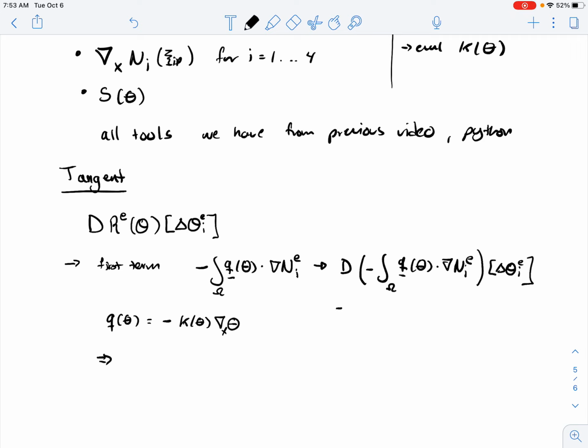Notice that when we put the linearization here, this will be equal to minus the integral over the element of the linearization of Q in the direction of the increment dotted with the gradient of the shape function. So basically all I need to linearize is this one, because the shape function doesn't depend on theta, so I don't need to worry about that. So really the only thing I need is the linearization of Q in the direction of the increment.